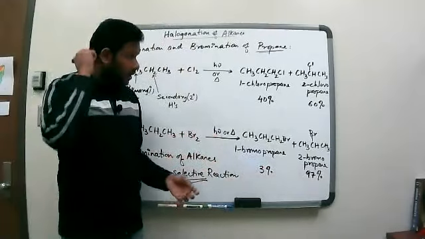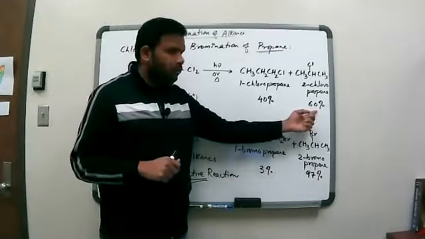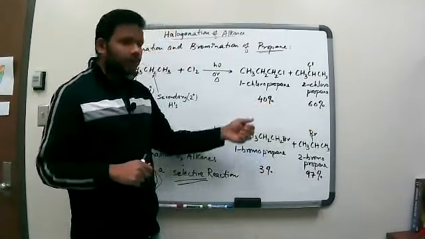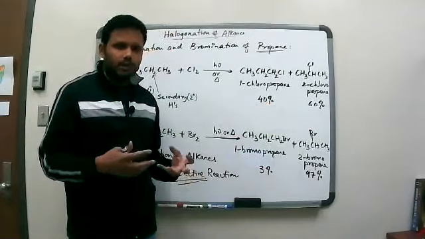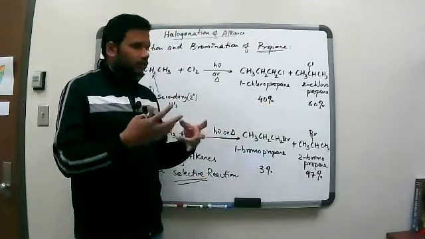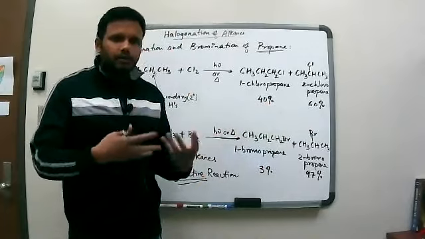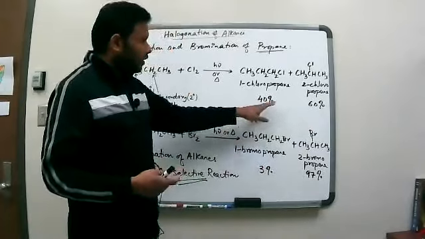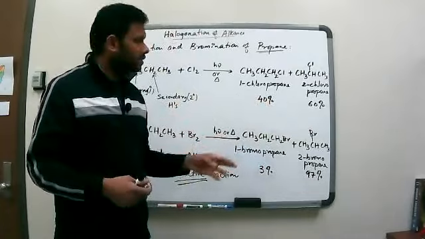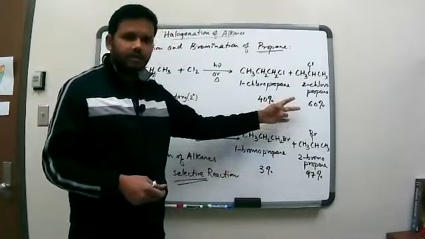Now you could argue that there is a major product here because we have 60% of the 2-chloropropane and only 40% of the 1-chloropropane, but realize that 60 and 40 is still a ratio which, if you're in a lab doing this reaction, you would have to do extensive purification to separate these out.